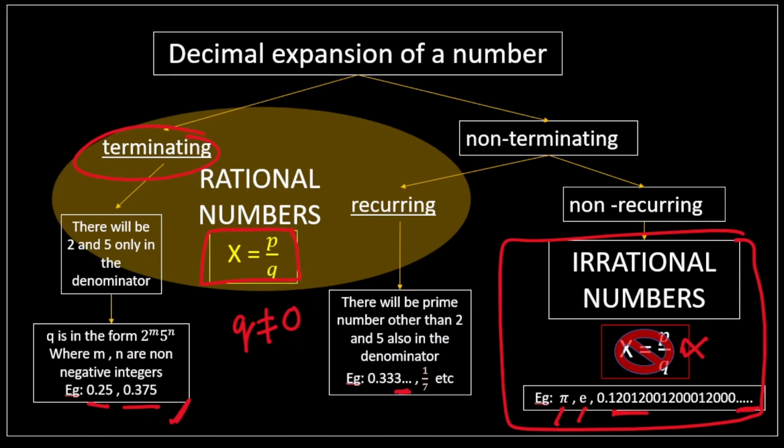And if it is non-terminating and recurring, then it is like in the case of 1 by 3, it is 0.333 and so on. It is never ending.